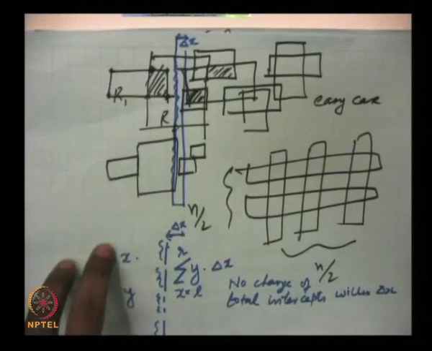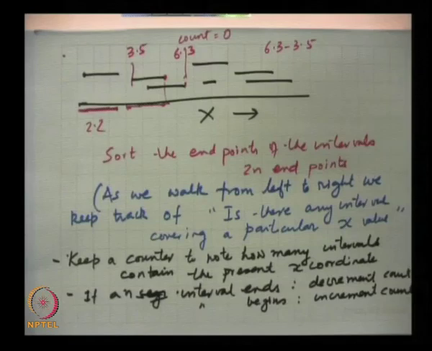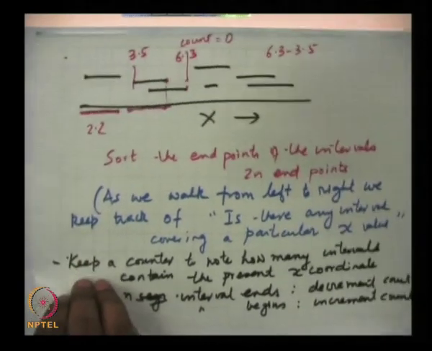Okay. So, what is being observed here is the total complexity should be n square. Why is the total complexity n square?